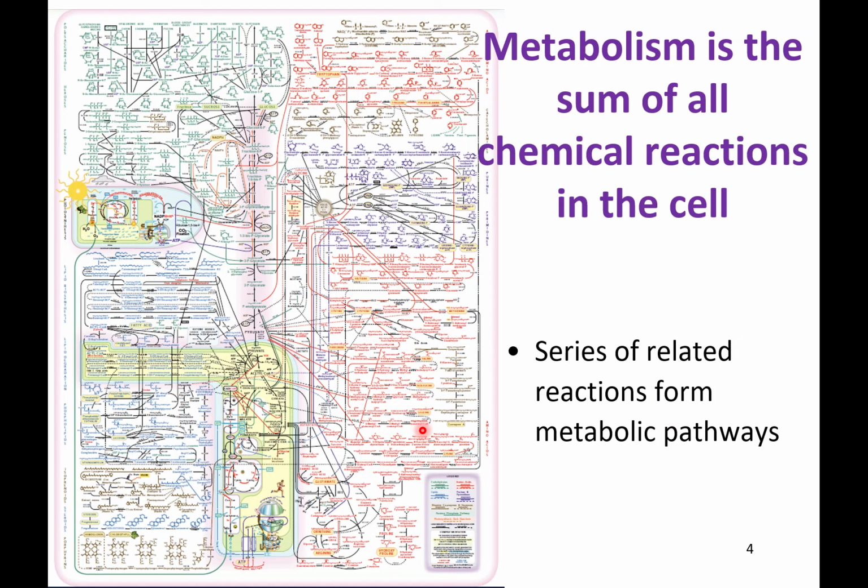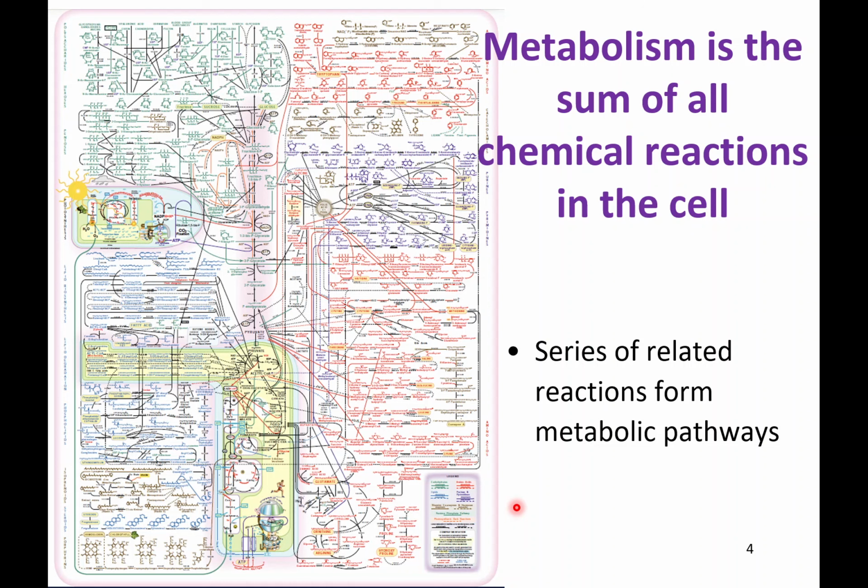So metabolism is the sum of all chemical reactions in the cell. And here's a chart that shows metabolic pathways. Okay, and as you can see, it's very, very complex. You don't have to memorize all of this, right? That would be very hard to do, very challenging. And to be honest, I work in metabolism doing research, and some of these pathways aren't even really verified experimentally.